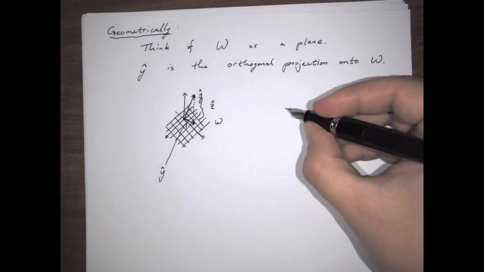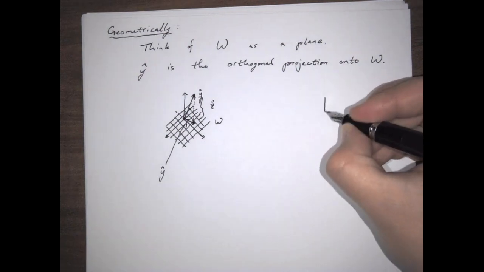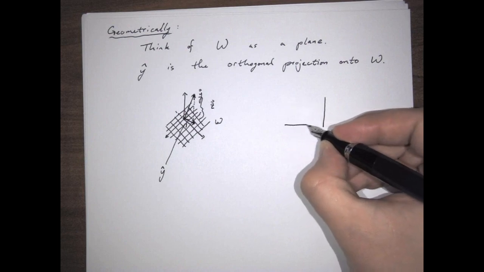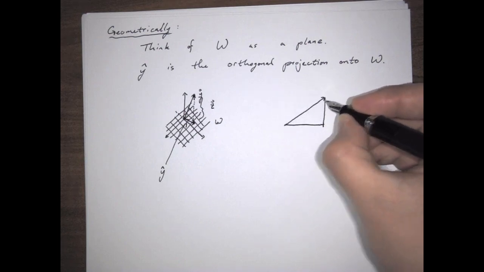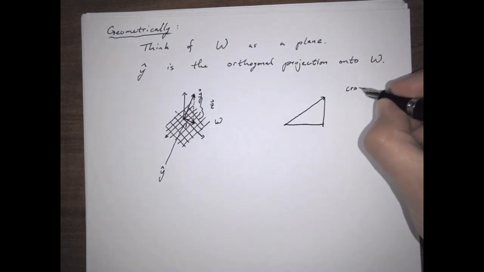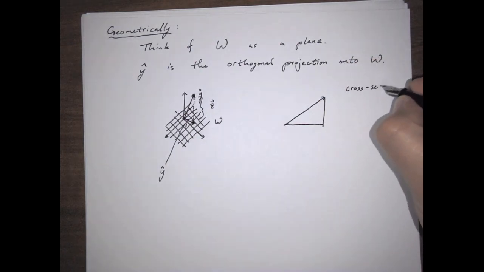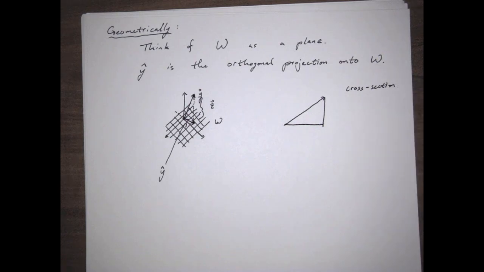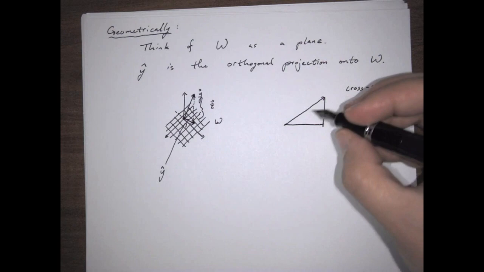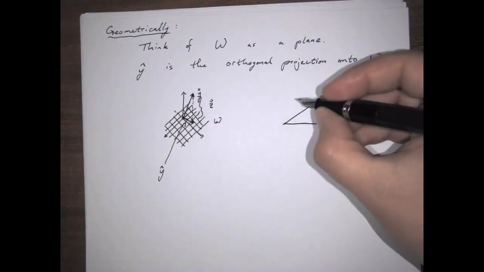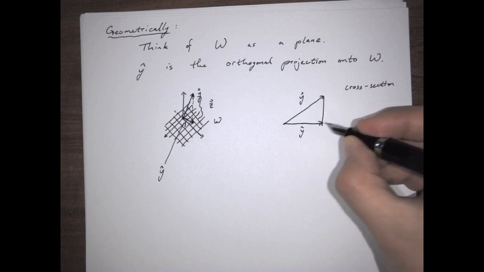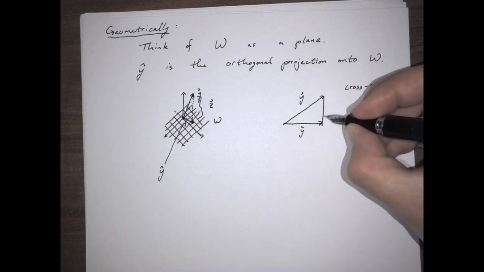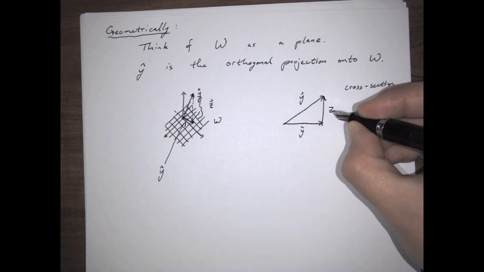So zooming in here, this is a cross section. If we do a cross section focused only on this particular slice of the plane, we've got a y going this way, a y hat going this way, and a z going this way.